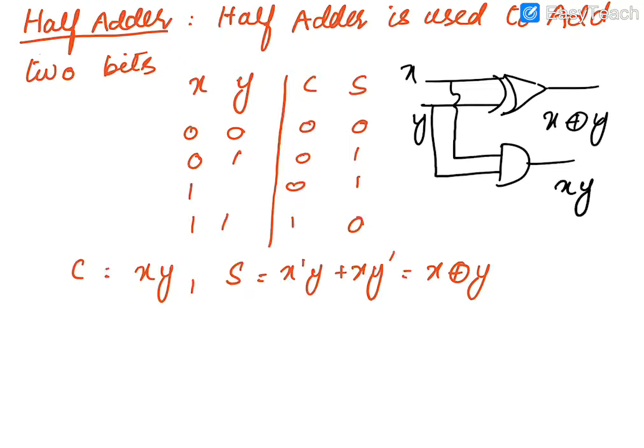Number three is that you simplify the outputs according to the truth table using the Boolean algebra or the map method.